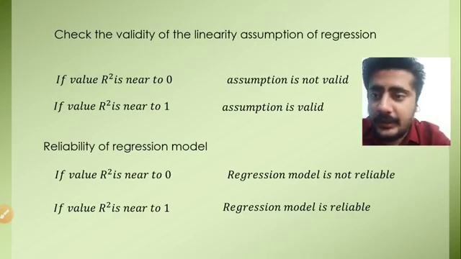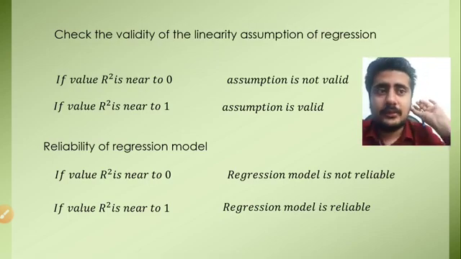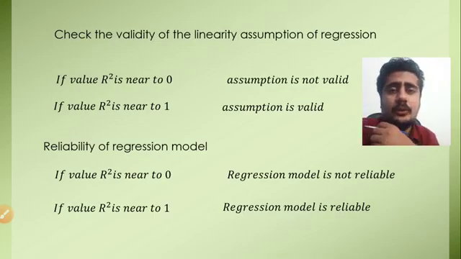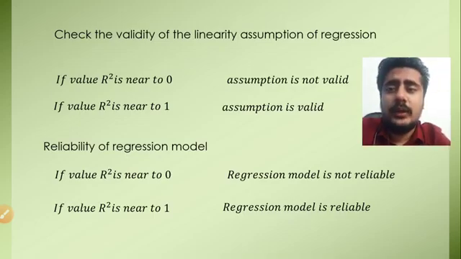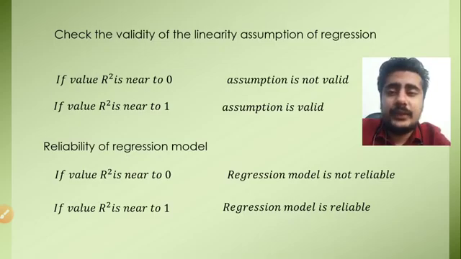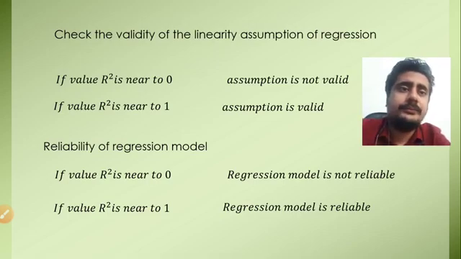Now, as I told you, the value of r square is between 0 and 1. If your r square is near to 0, maybe 0.15, 0.12, 0.23, then you have to write that your assumption is not valid.